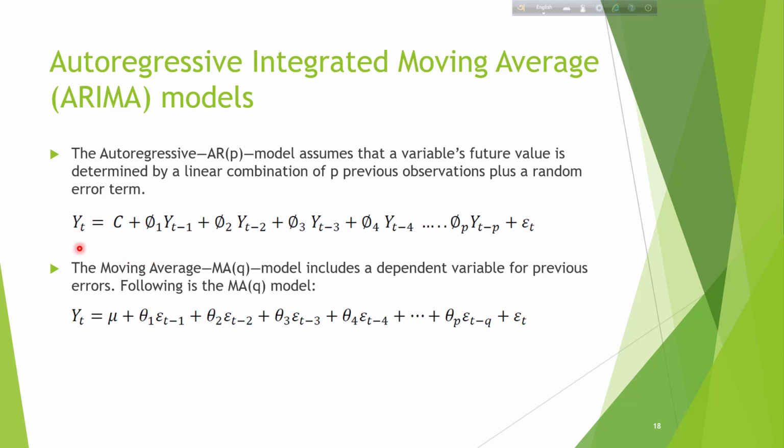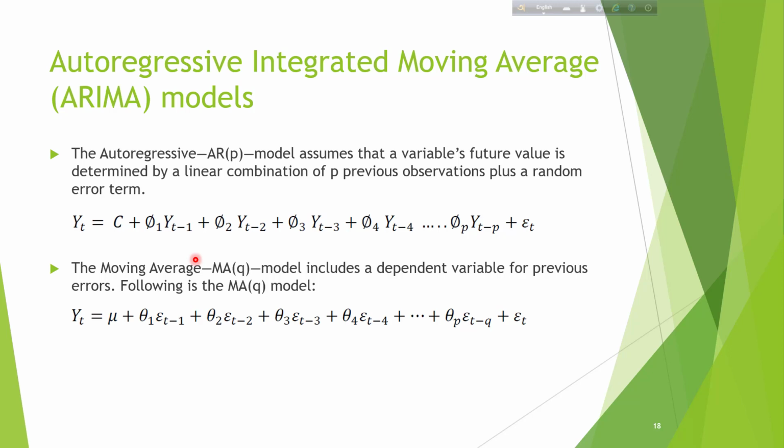So here yt is the observation at time t, c is a constant, and phi 1, phi 2 up to phi p are the parameters of this model. yt minus 1 is one year prior or one month prior, whatever, depending on whether our time series is monthly, daily or yearly. If it's monthly, then 1 month earlier. If it's daily, then 1 day earlier. If it's yearly, then 1 year earlier.